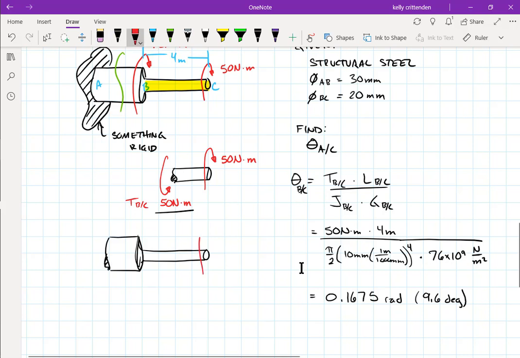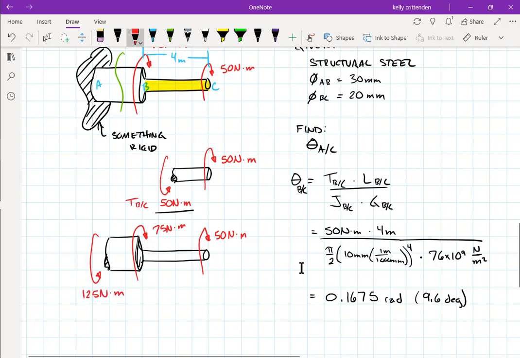So it has the 50 Newton meters at C, and then at B, we added another 75 Newton meters. Both of those external ones are going the same way. So they add together and create an internal torque that has to balance those of 75 plus 50, 125 Newton meters.